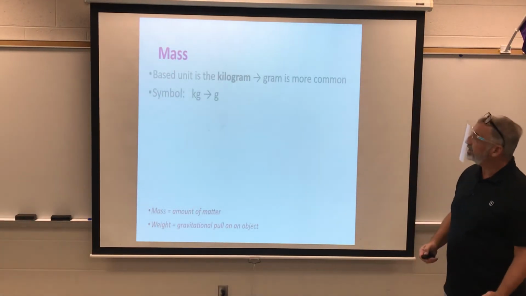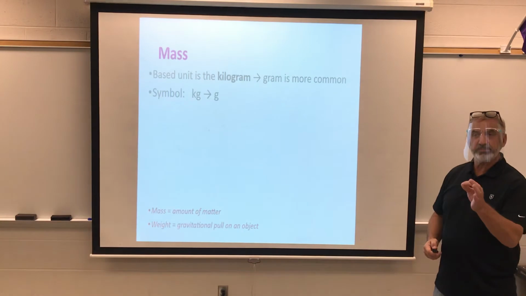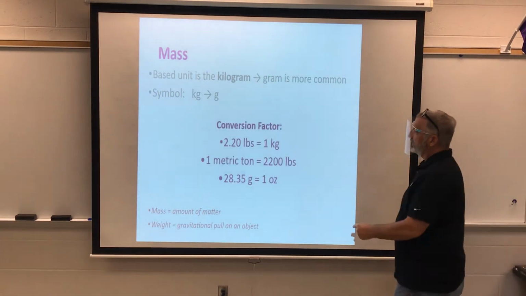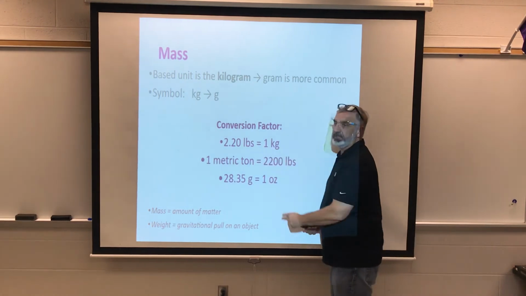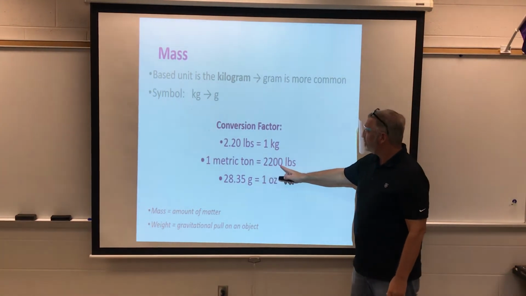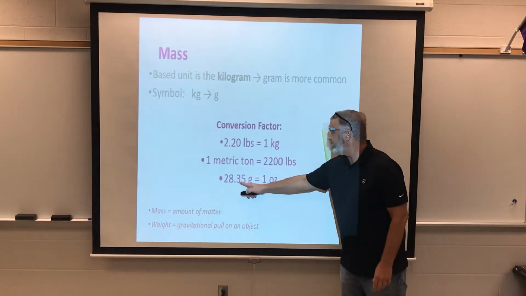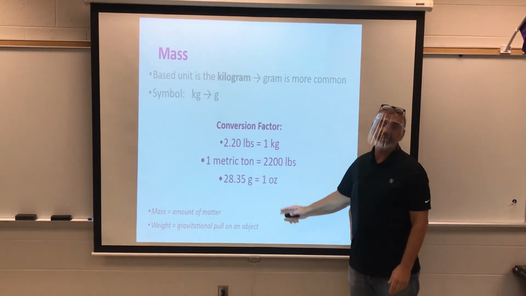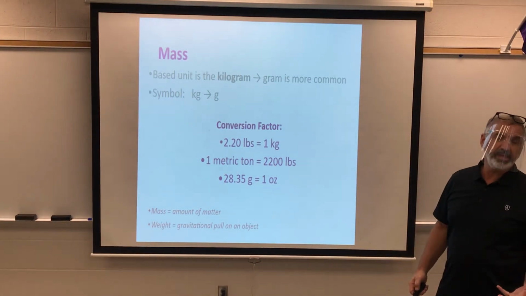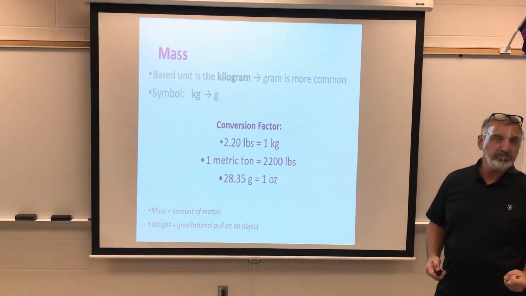Mass, kilogram. Again, we're on the MKS system: meters, kilograms, seconds. Notice that 1 kilogram is 2.2 pounds. A metric ton is this, and then here is an ounce to grams. Again, all of those conversion factors are going to be given, but it's helpful to get an idea of which one's bigger.